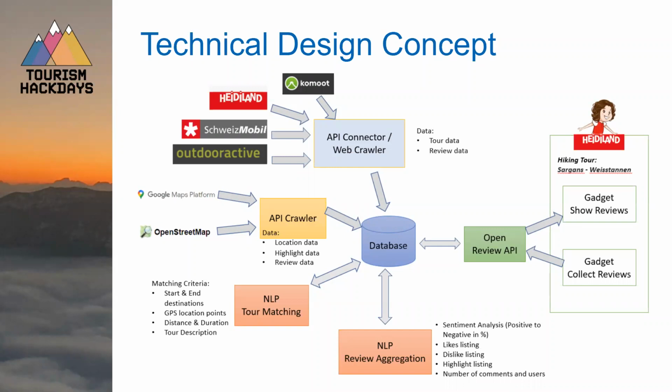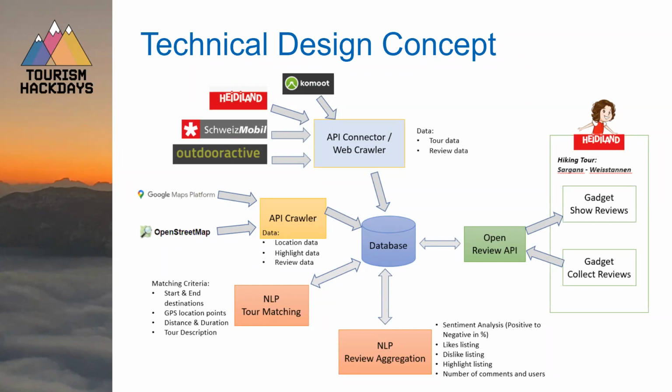The idea is to get an API connector and web crawler for different tour provider portals, to get the different tour descriptions, because they may differ a little in description but actually be similar tours. So we want to look for matching tours.